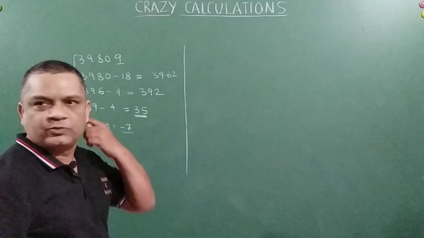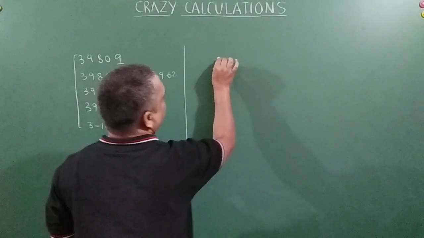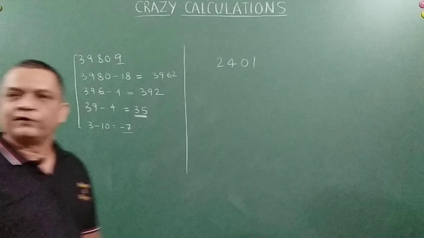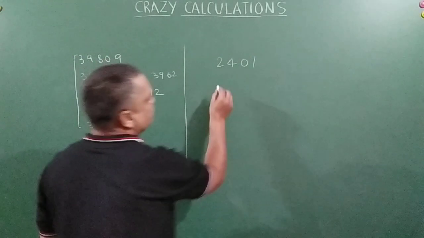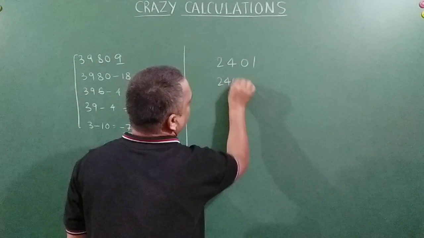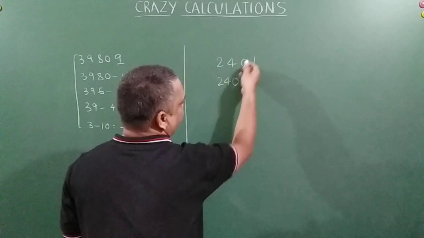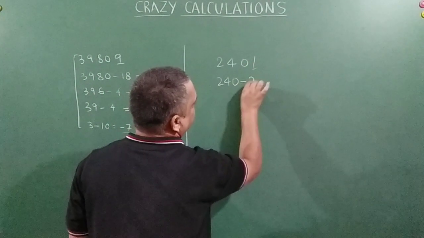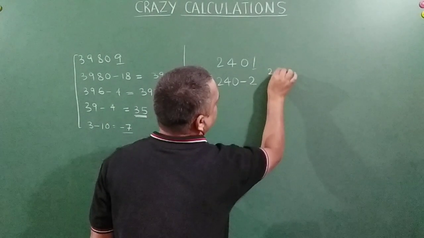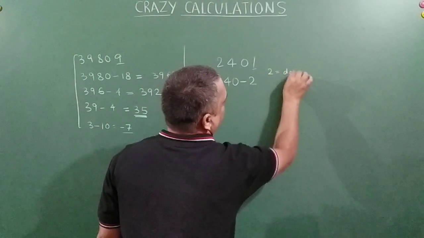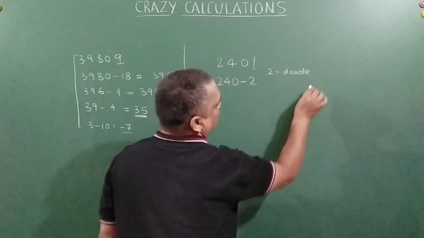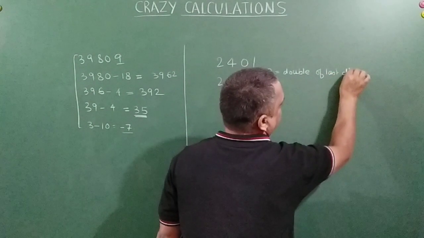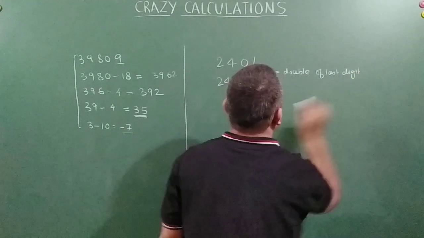Similarly, I'll take a very small one, just to illustrate, just for your benefit, 2401, right? So friends, we leave the last digit and write everything else, 240, and we double the last digit and subtract it. This 2 here is equal to double of the last digit, right?